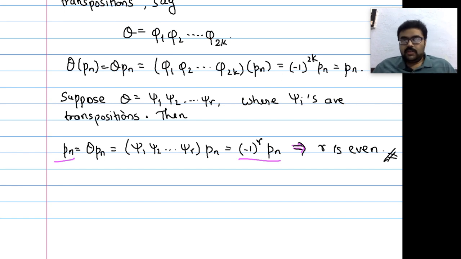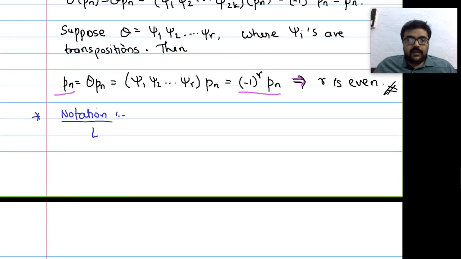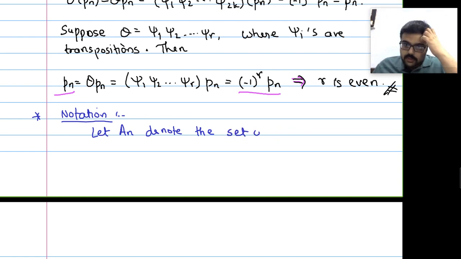So now let us take that. Notation: let An denote the set of all even permutations.